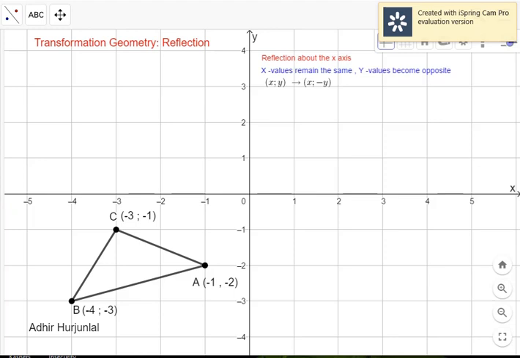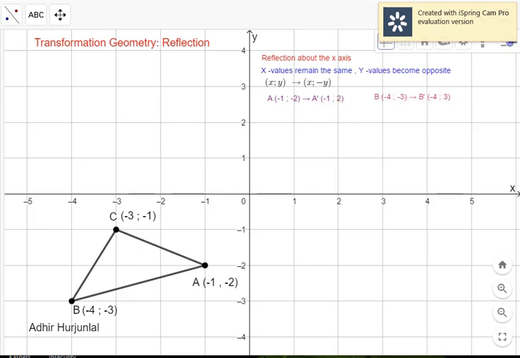So the first vertex is A, where A is (-1, -2). If reflected, A reflected becomes (-1, 2), and the -2 now becomes a +2. The value for y changes.